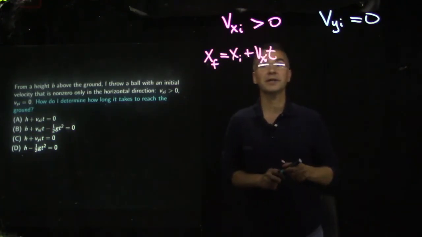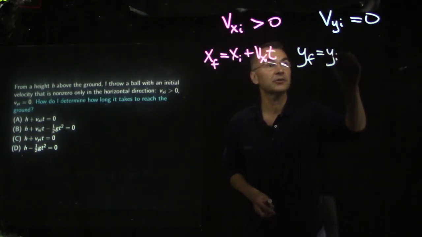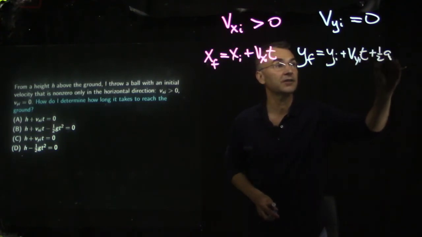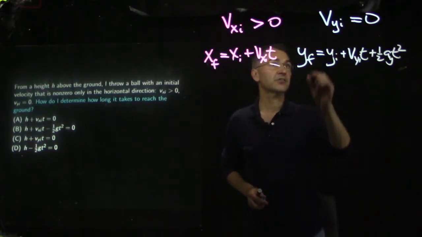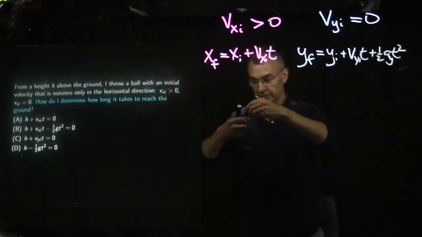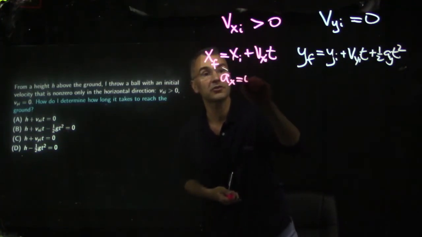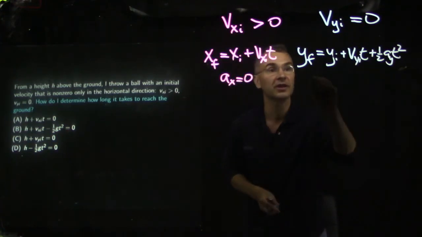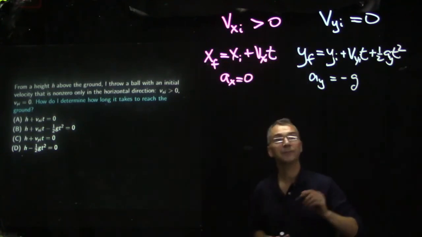And meanwhile, we have y final is y initial plus vy initial t plus 1/2 a sub y t squared. And constant acceleration, so we have a sub x is 0 because there are no forces in the horizontal direction in the absence of air resistance. And we have a sub y is minus g.